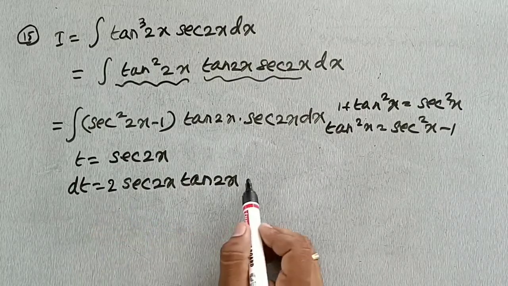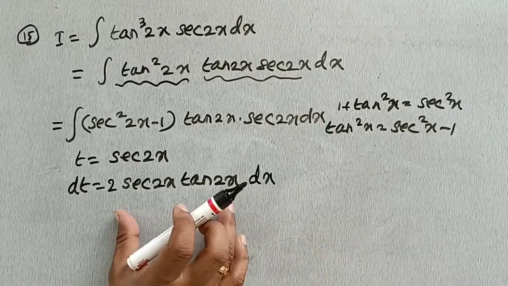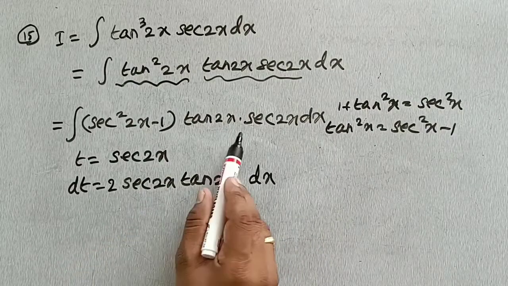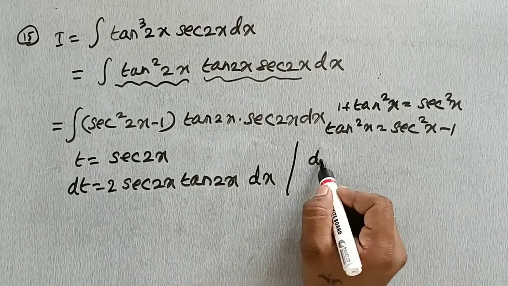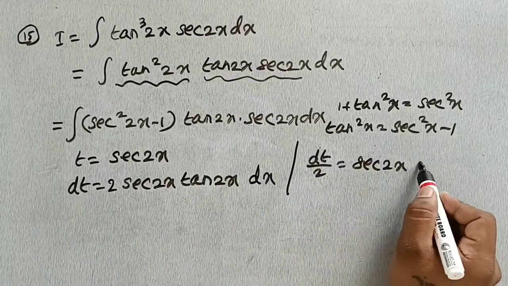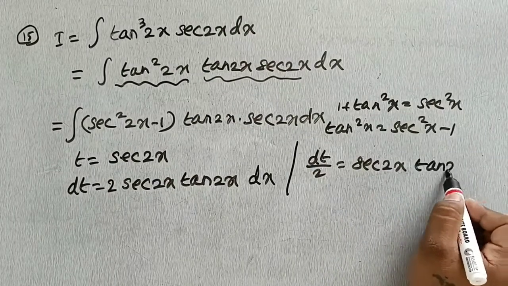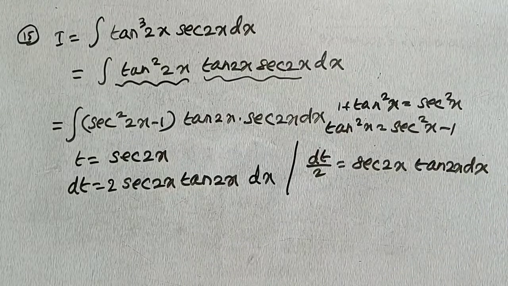So 2 times secant 2x tan 2x into dx will come. Now this will be replaced here. Actually there is no 2 here, so the 2 will be divided here. So dt by 2 equals secant 2x tan 2x dx will come. This will be replaced in the integral.